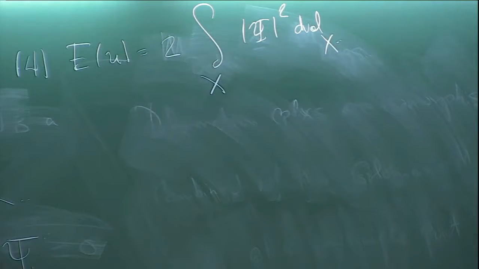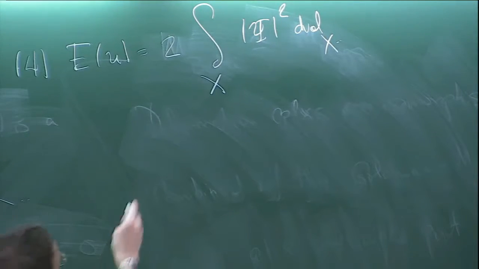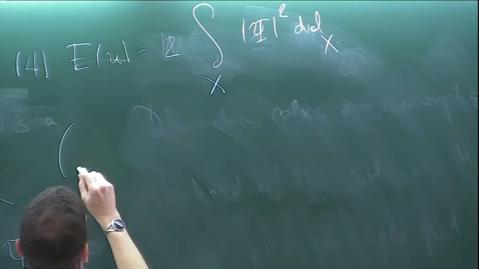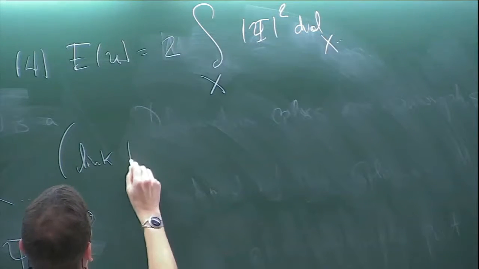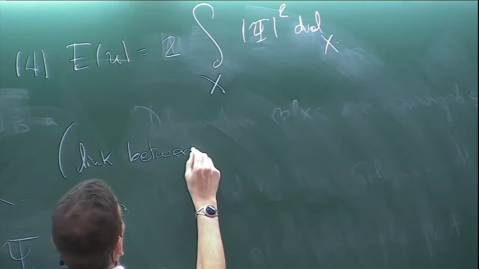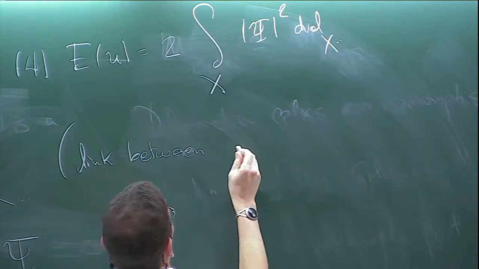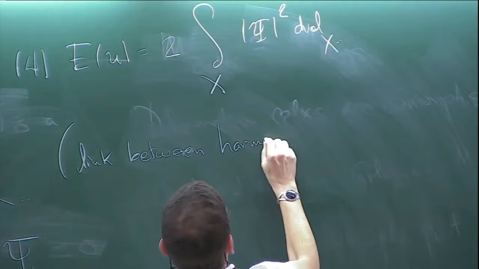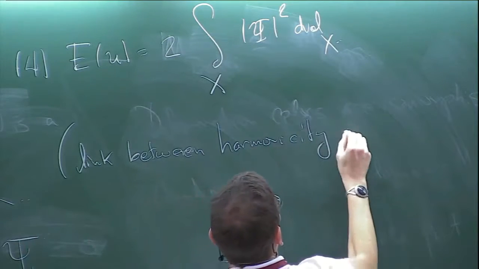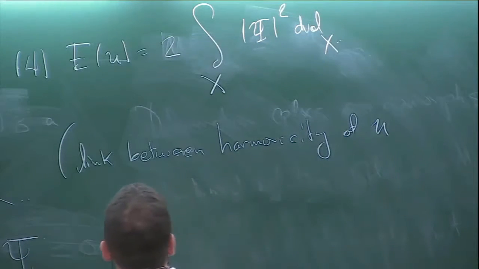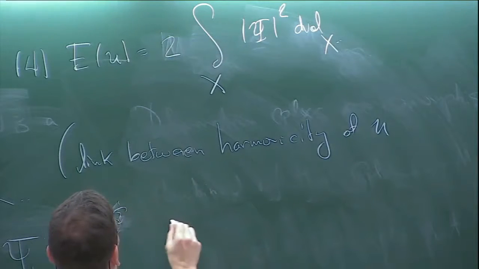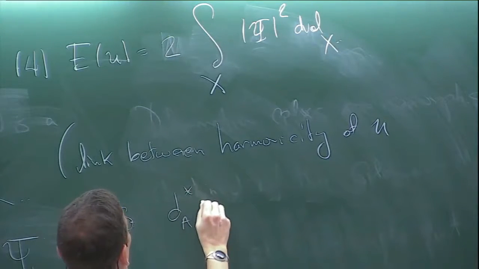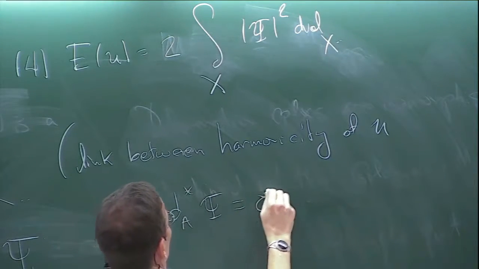Okay. So this requires just a little bit of calculation, but using the fact that this is unitary. And so this is actually the link, by the way, between the harmonicity of the map U and this condition BA star of psi zero.